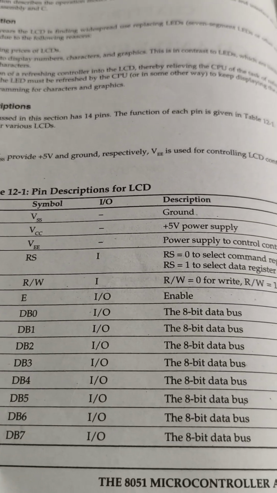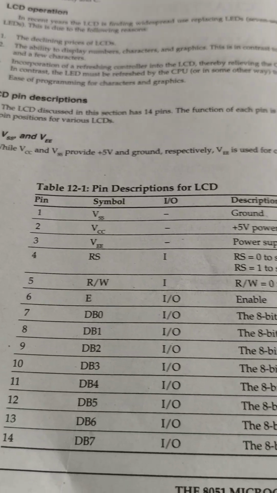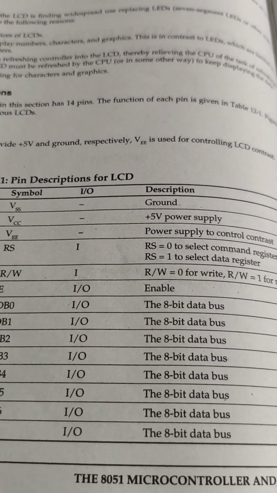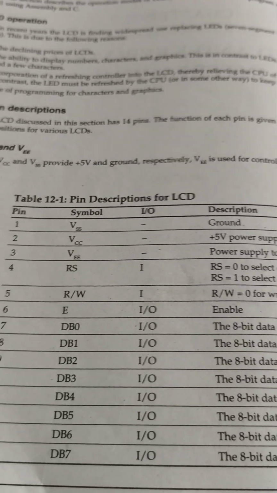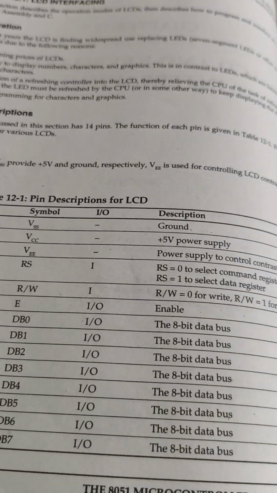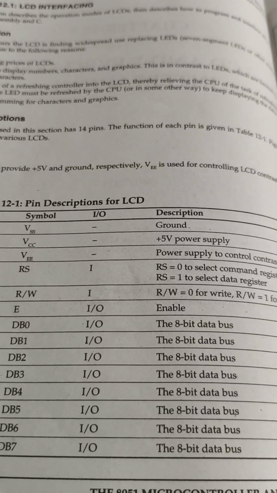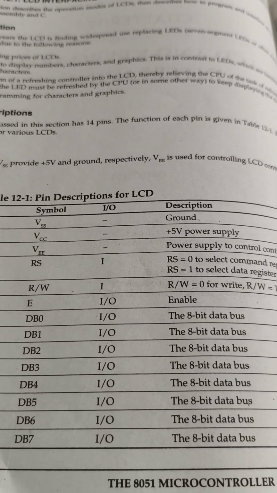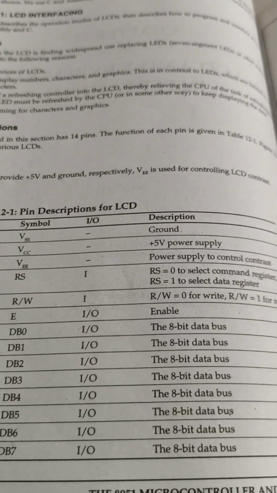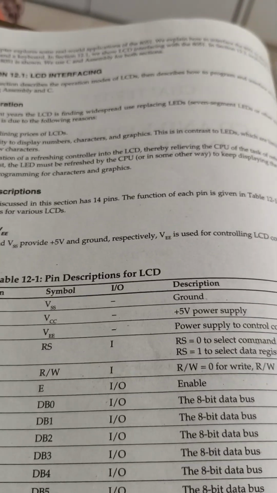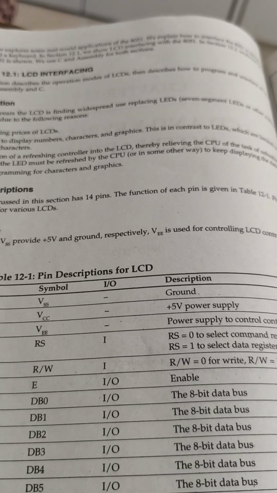Here you see pins 7 to 14, which work as an 8-bit data bus, receiving data input and output also. Therefore each and every pin has a particular meaning, application, and purpose.